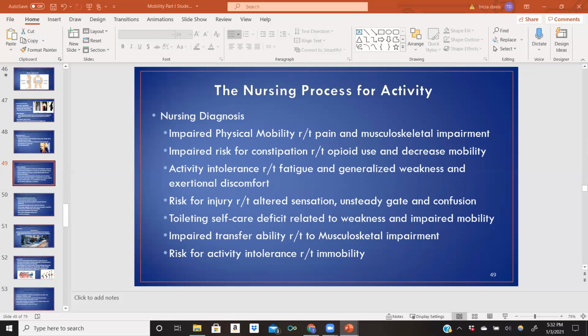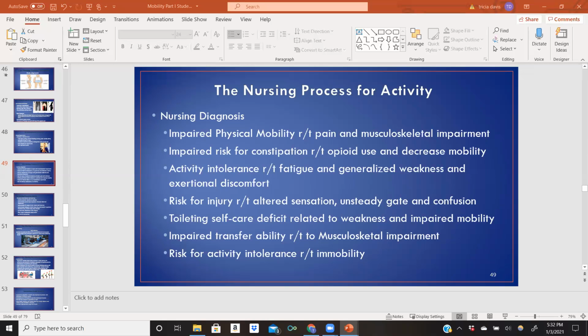So some of the nursing diagnoses that we could use for this would be impaired physical mobility related to pain and musculoskeletal impairment. We have risk for constipation related to, remember we said giving patients pain medicine and them sitting in bed not moving causes that decrease in peristalsis.